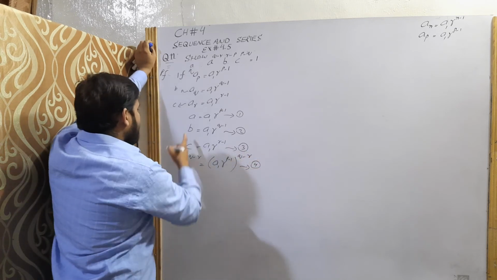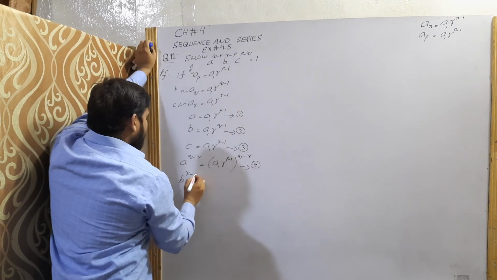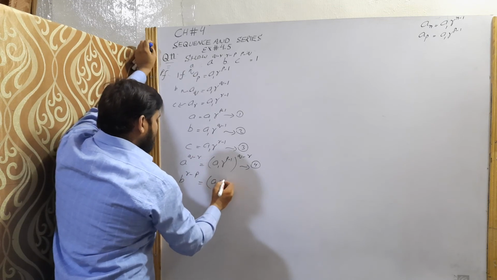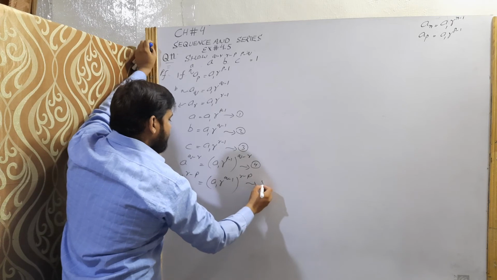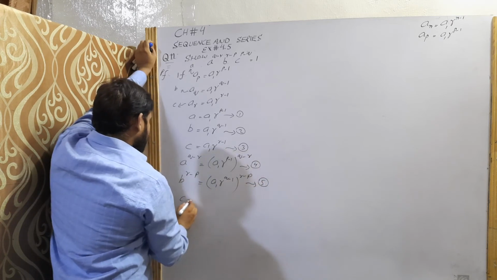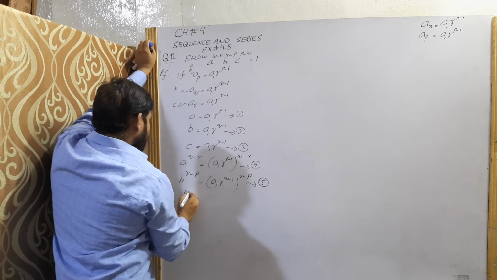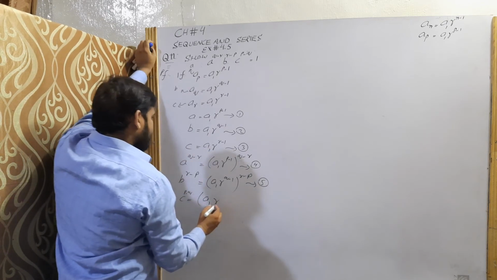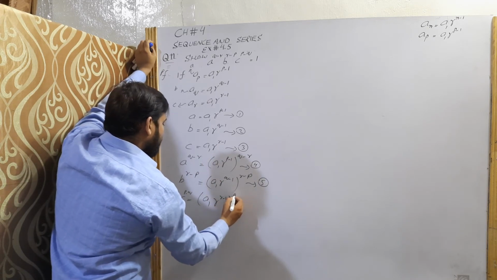Similarly in case of b we needed r minus p, b is equal to a1 r q minus 1 whole power r minus p, say this is equation number 5. And in case of c we needed p minus q, and c is equal to a1 r raised to power r minus 1 whole power p minus q.